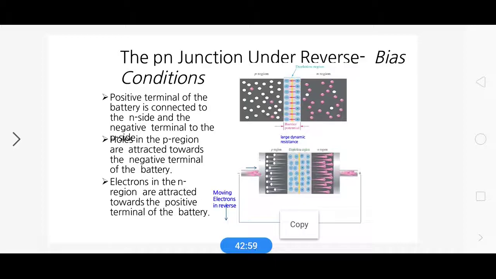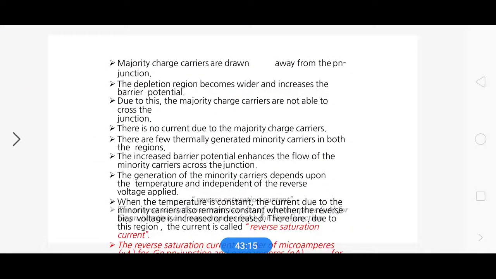Is it more? The minority charge carrier current is small. Does it depend on the applied voltage? No. It is independent of the applied voltage. The number of minority charge carriers only depends on the temperature.